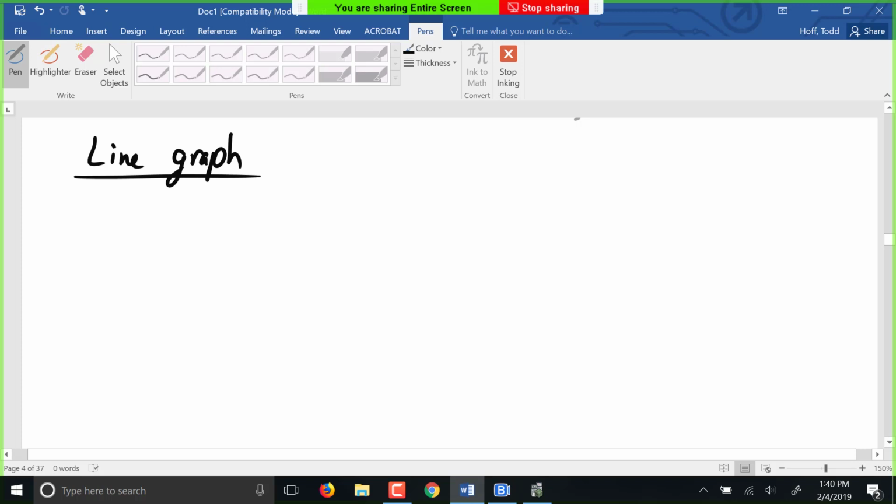The graphs we've shown so far show us several different responses and compares the frequency of those responses to each other. A line graph compares one response to how that same response changes over time.